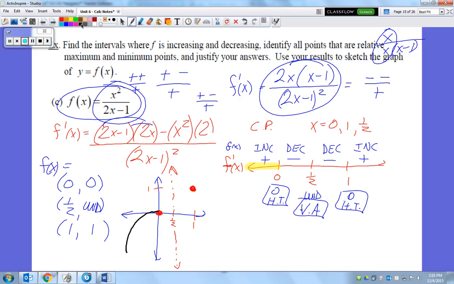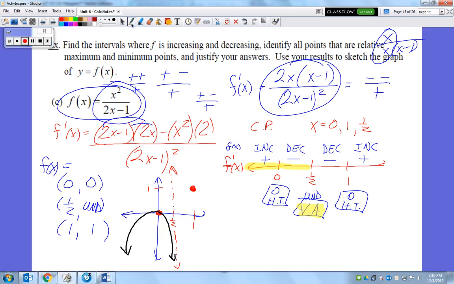From 0 now to 1/2, I'm going to what? Decrease until I reach the vertical asymptote. So what would you suggest? It's got to be a frown.